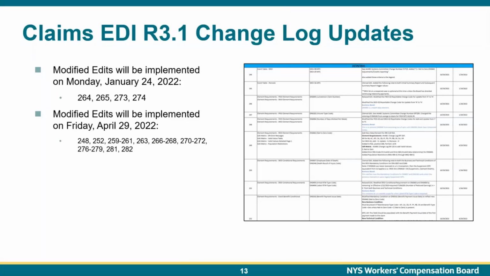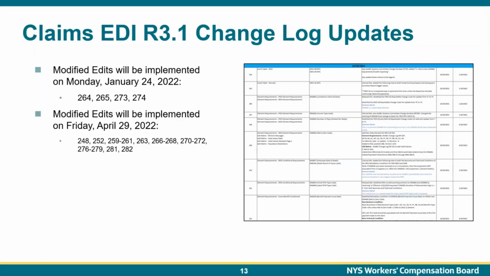Items 270, 271, and 272 modify DN0202, reduced benefit amount code. Items 276 and 277 cover DN0226, recovery code modification. Items 278 and 279 modify DN0283, number of payments. Items 281 and 282 modify DN0288, number of benefits.